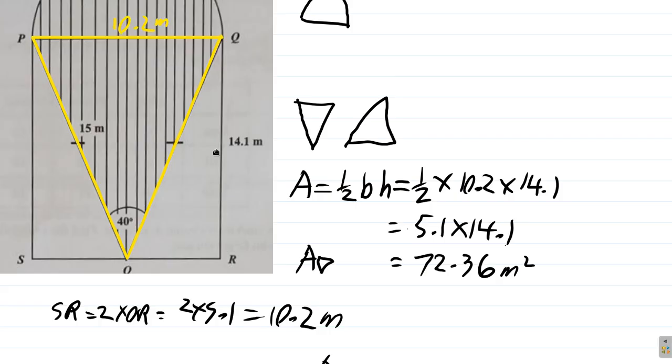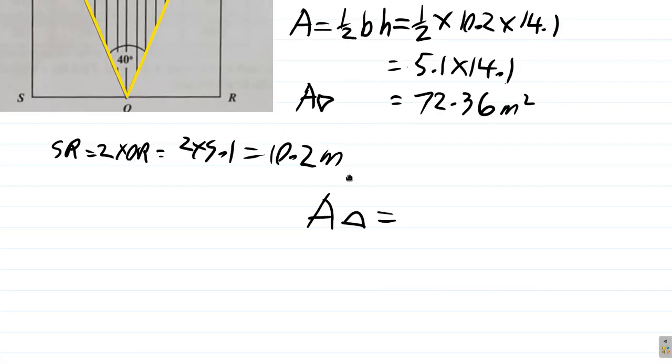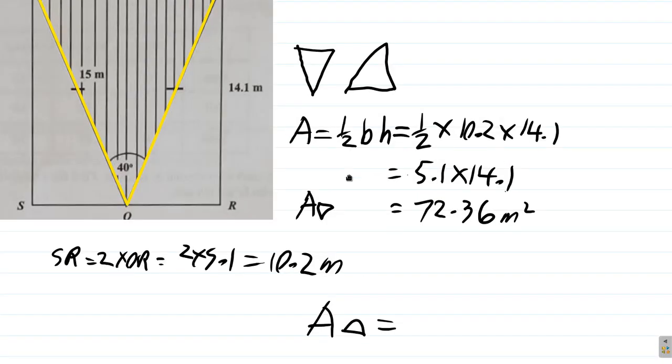Or you could say A subscript PQO, whatever you want to name it, but specify two different areas. You could call it AT equal, and then you write down that it is the area of triangle PQO, and then you calculate it. And then write AS equal area of the semicircle PMQ, and then you work it out. Whatever you want to call it.